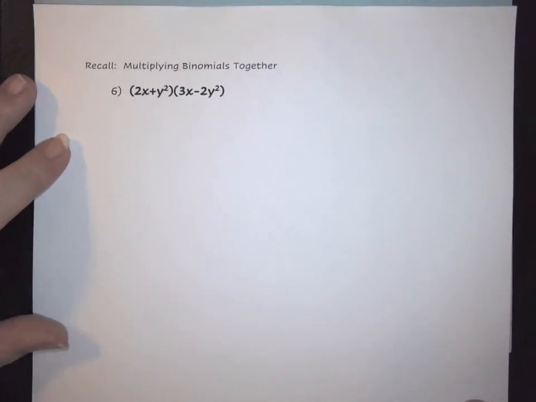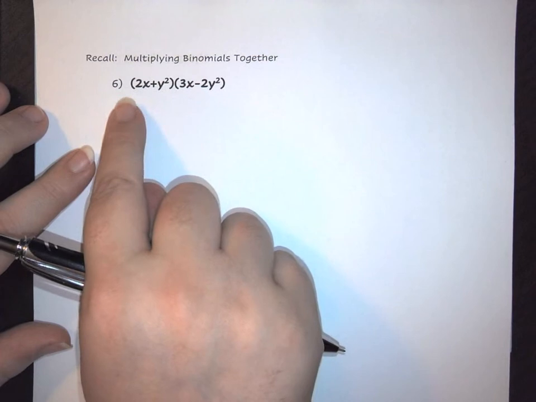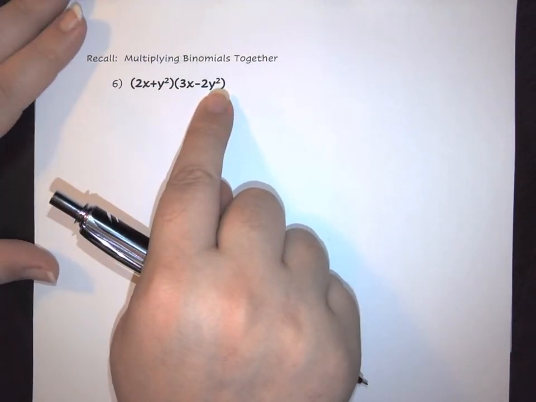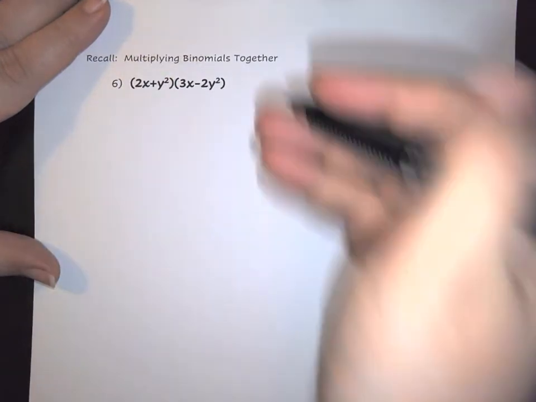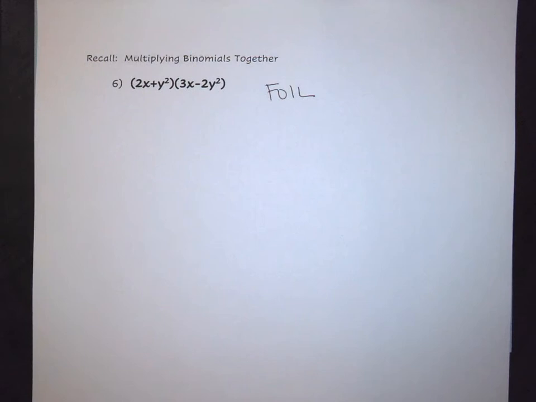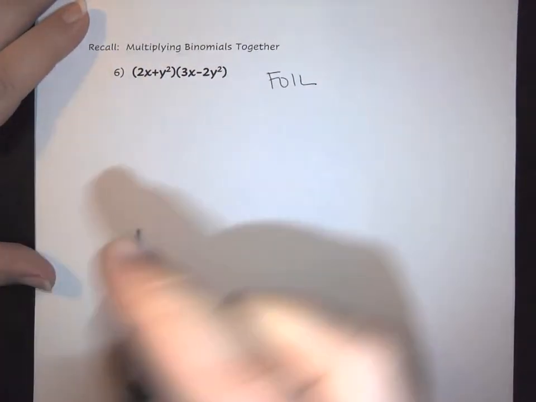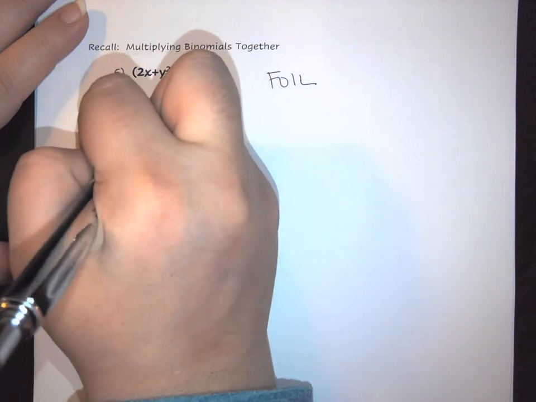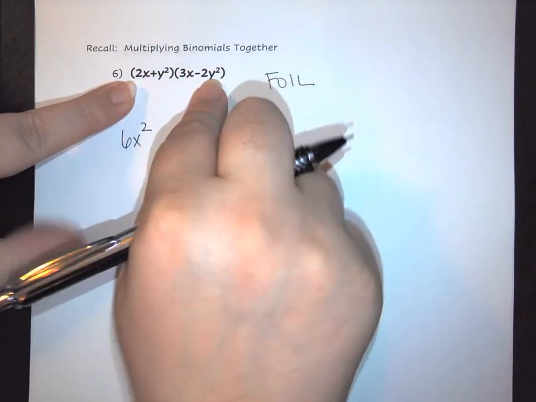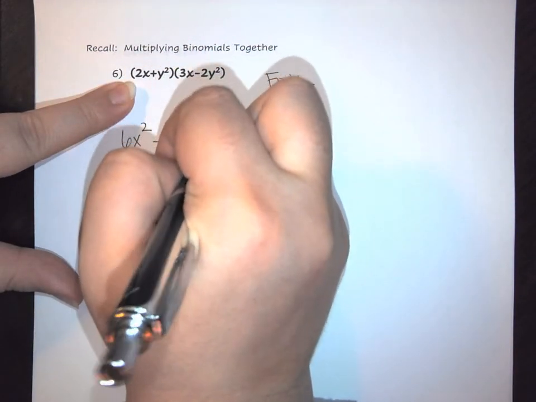Alright, now, real quick as a refresher, multiplying these two binomials together, the reason we're doing this is because notice there's lots of variables here. So let's just go through real quick as a refresher how to do that. Remember here you are going to use the FOIL method, first, outer, inner, last. So first is going to be 2x and 3x, so this gives you 6x squared. Then we have a 2x and a negative 2y squared, so this is minus 4xy squared.